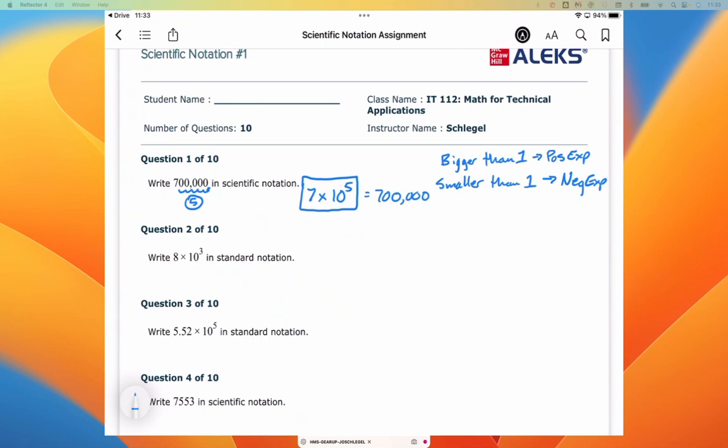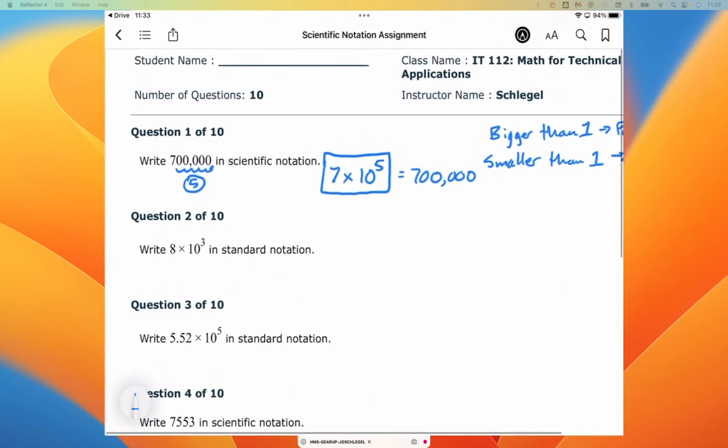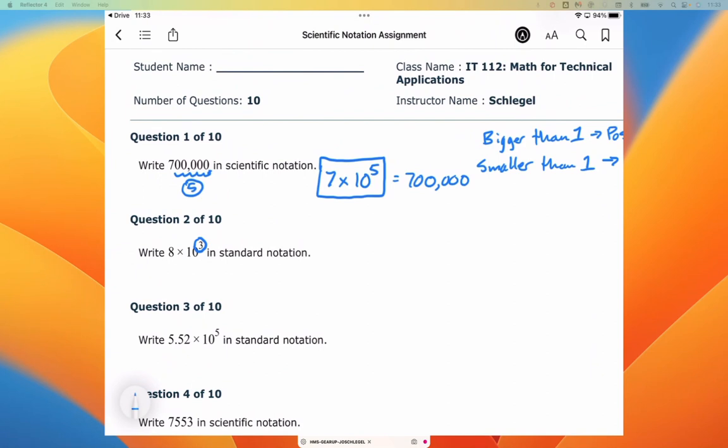On to number 2. We have 8 times 10 to the power of 3. Now again, this exponent is positive, and so it tells us that our final answer is going to be larger than 1. And so right now we have an 8 as our number with a decimal behind it. And that 3 says to move the decimal 3 spots.